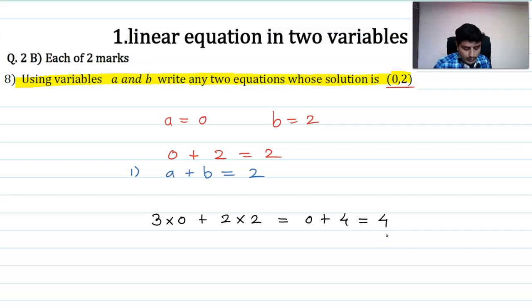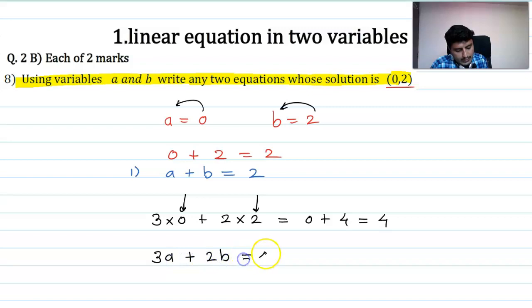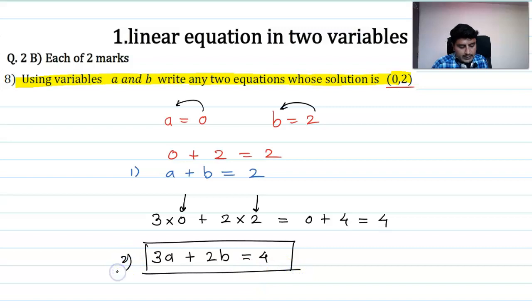Now let's replace 0 by a and 2 by b, so that we get the equation 3a plus 2b equals 4. So another linear equation in two variables is 3a plus 2b equals 4, whose solution is 0, 2. That means the value of a is 0 and b is 2.